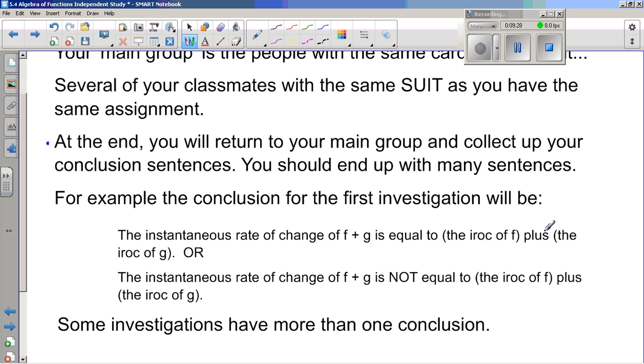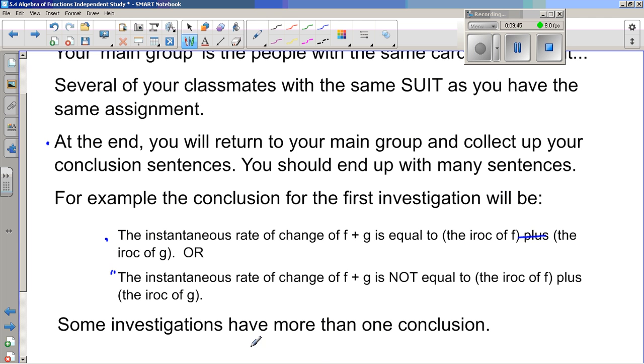Can I just add the two IROCs together to get the IROC of the sum function? So this is going to be true or not true, and that will be one of your conclusions. So this will probably be the first sentence in each group's final project.